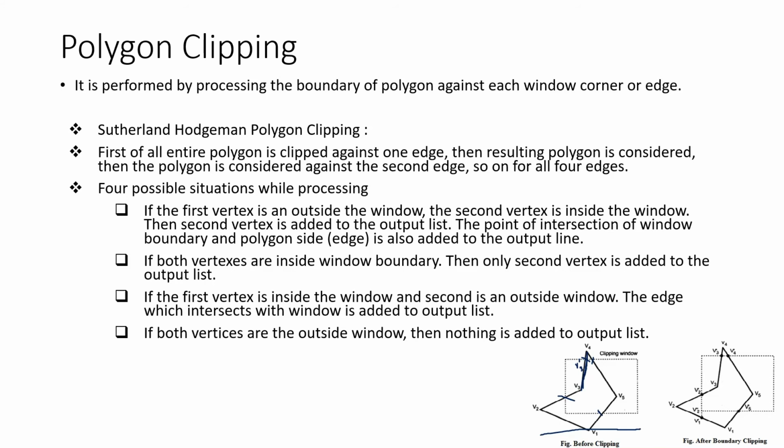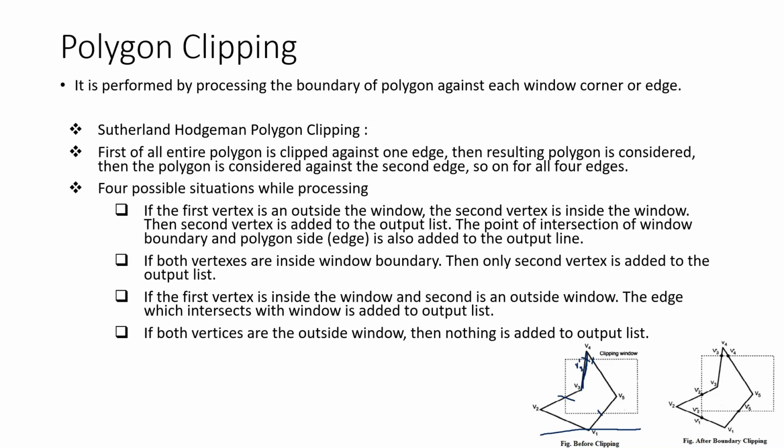So first of all you have to keep these four possible situations in mind while proceeding. So the first situation is if the first vertex is outside the window and the second vertex is inside the window, then the second vertex is added to the output list. Okay. The point of intersection of the window boundary and polygon side is also added to the output list.